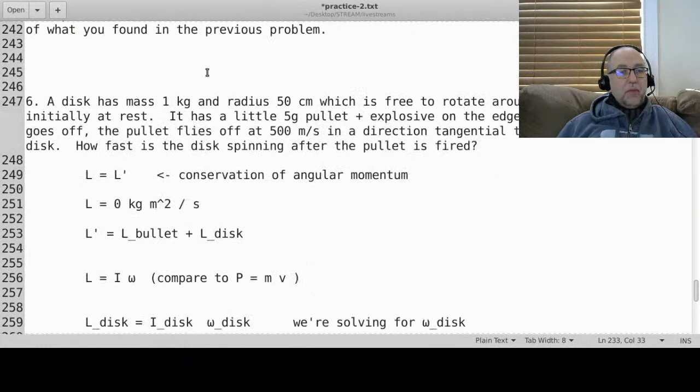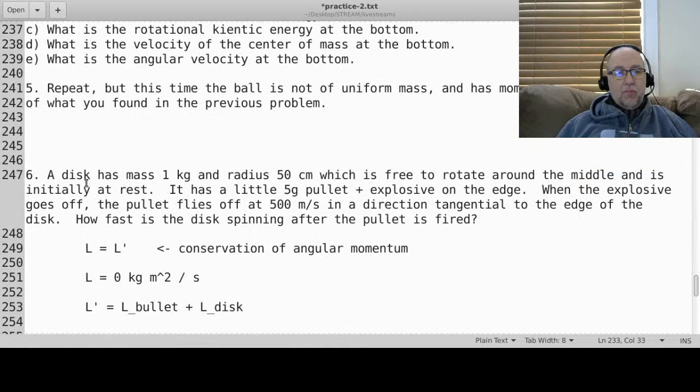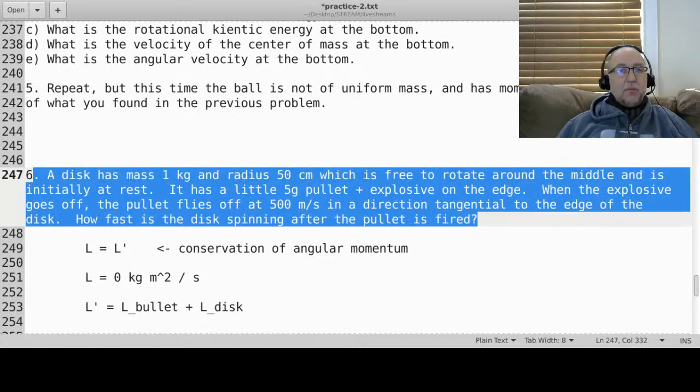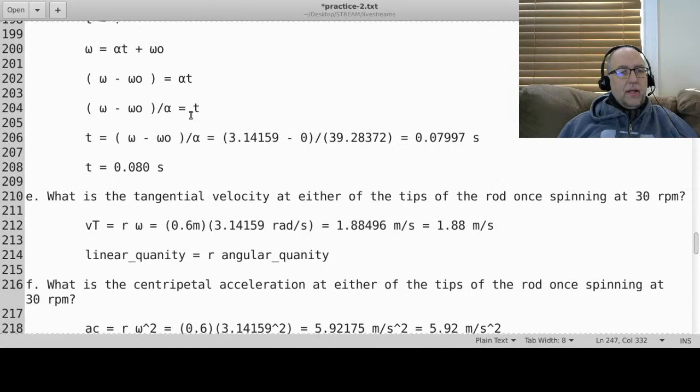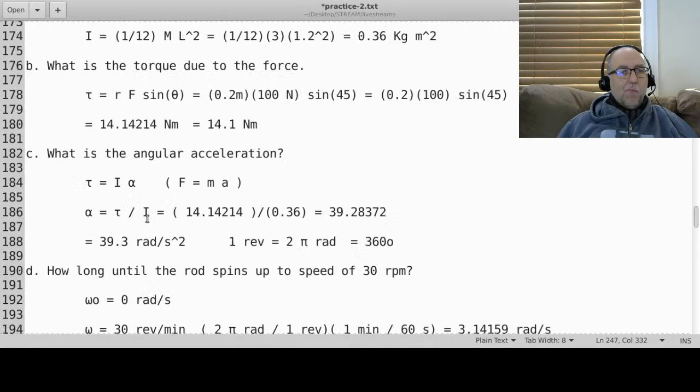All right, let's do this problem right here. This problem is basically a tau equals I alpha problem, so it's actually rotational dynamics. We did tau equals I alpha already.